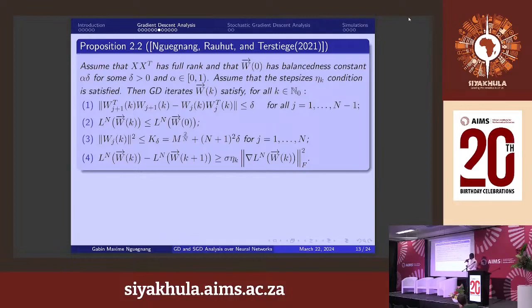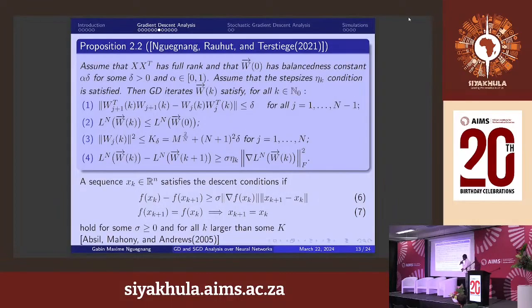Here you initialize the weights with balanced constant delta, which means that at initialization this inequality holds. Then what this proposition tells us is that if you do so at initialization, throughout the training process your weight matrices will remain approximately balanced. And more importantly, the iterate of gradient descent will stay bounded.